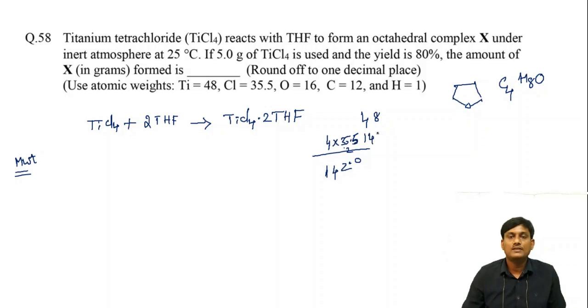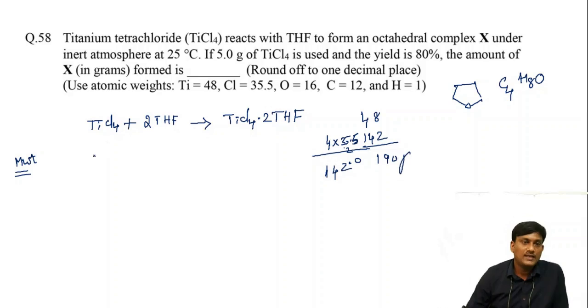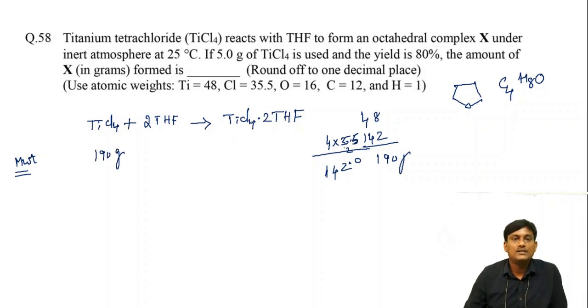So what is the weight? It will be 190 grams. This is the molecular weight of TiCl4. And if you calculate for tetrahydrofuran, you will get 72.